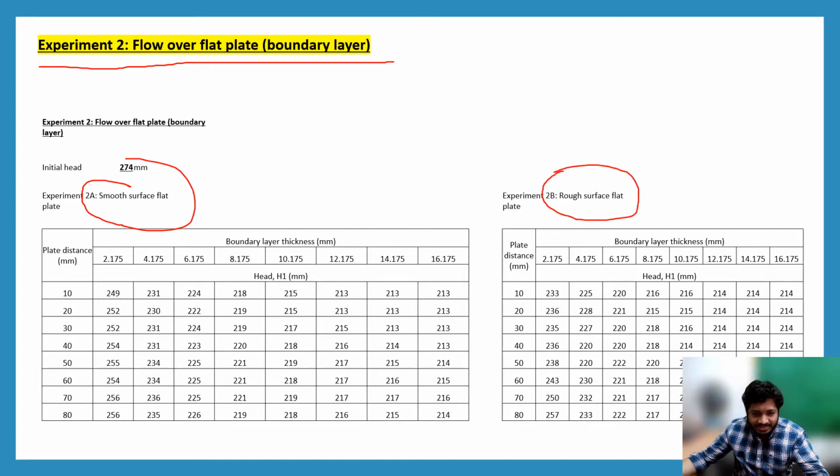In the table you have the plate distance given from 10 to 80 millimeters, and the head is given at specific boundary layer thickness from a specific distance. The measured values of head are given for plate distance from 10 to 80, both for smooth surface and for rough surface.